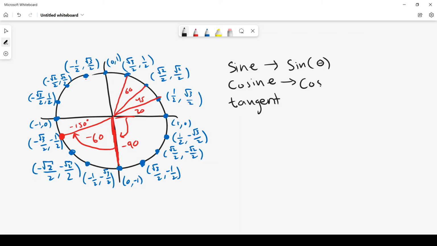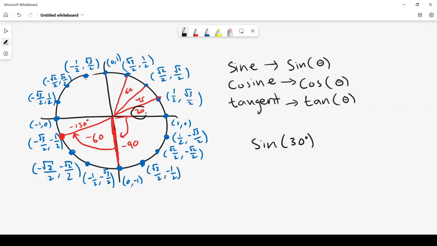Cosine you'll see as cos of some angle theta. And tangent you'll see as tan of some angle theta. Just like that. And so if I give something like sine of 30 degrees, what exactly am I trying to get here?